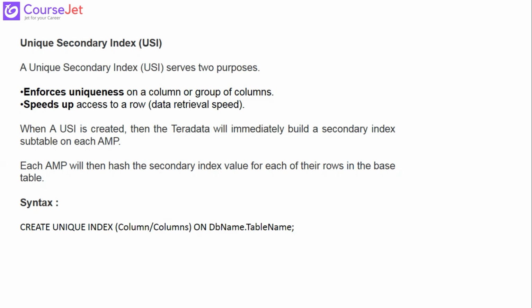This is the syntax for creating a unique secondary index: create unique index, the column or combination of columns, and the database name and table name. Do we create this after creating the table, independently?